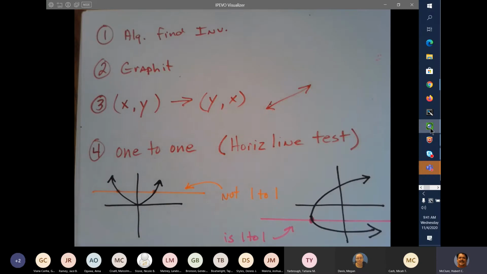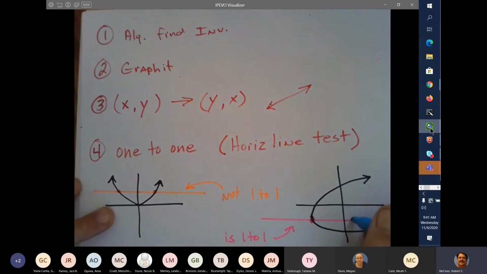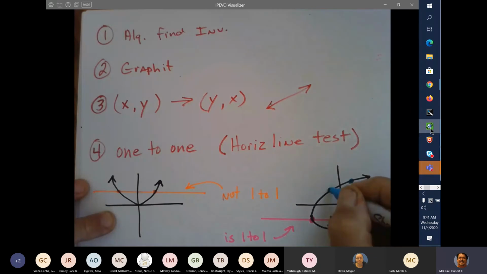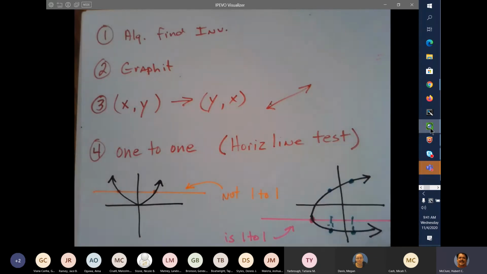Well, at x equal to 1, I've got a dot there, and I've got a dot there. For -1, I've got a dot here, and I've got a dot here. So for each x, I have 2 y's.